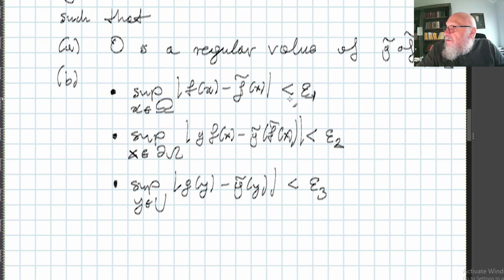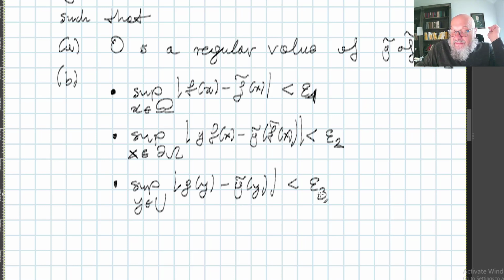So how do we find this? Of course, first we can find a smooth map, for example a map that is smaller than epsilon 1, like this f tilde and g tilde with epsilon 3, and so these three conditions are satisfied.